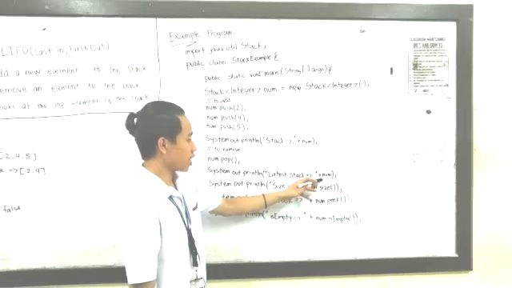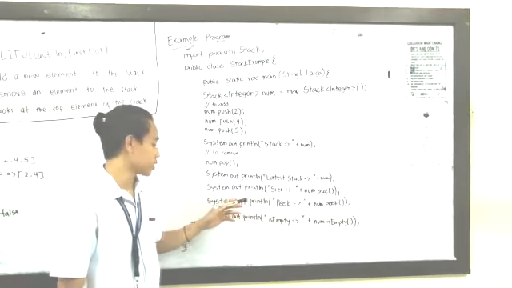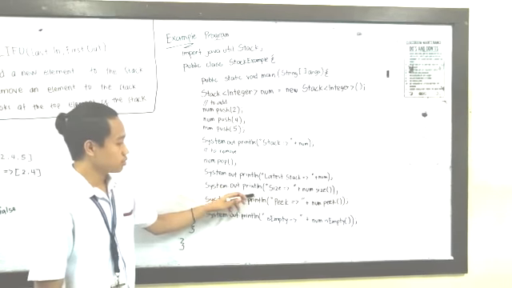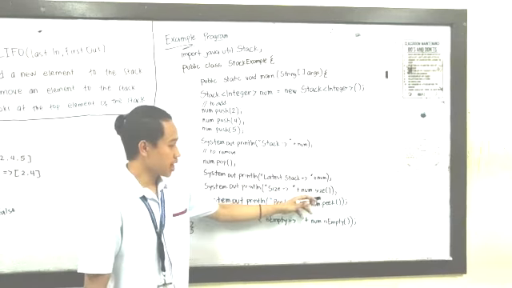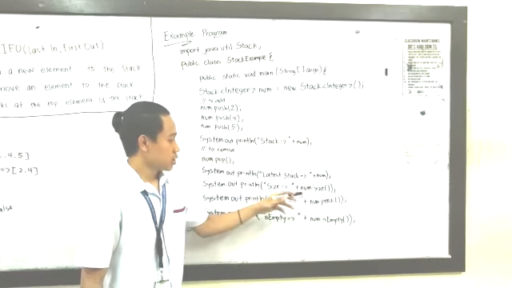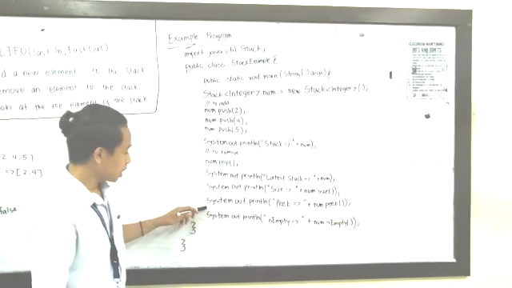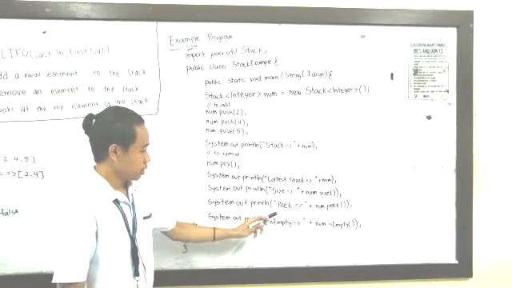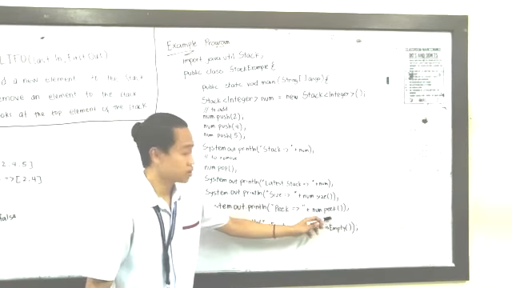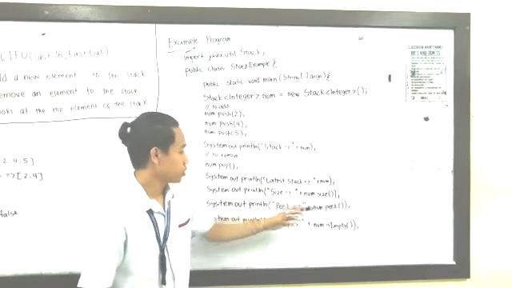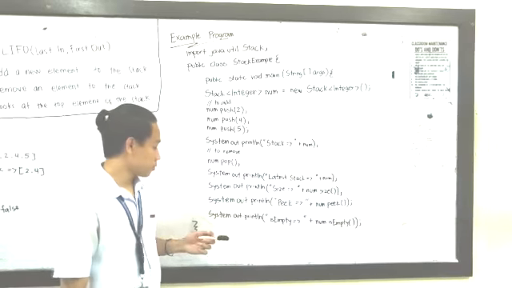Then also add num, so it will show us the latest stack. Then println again, inside the quotation marks is Size plus num.size(). This shows how many items are in your stack. Then println again, Peek inside the quotation marks plus num.peek(). This is the syntax, and it examines the top of your stack.